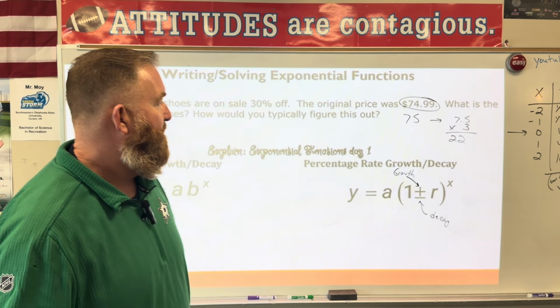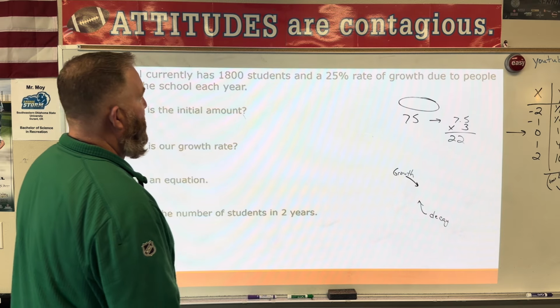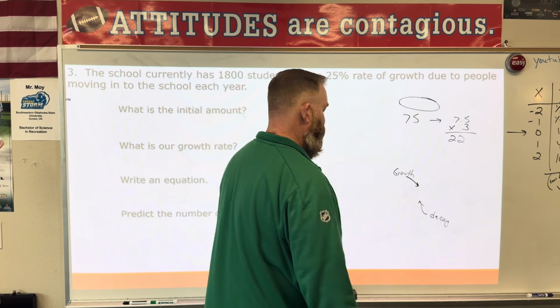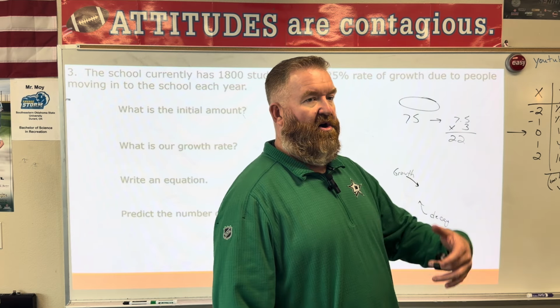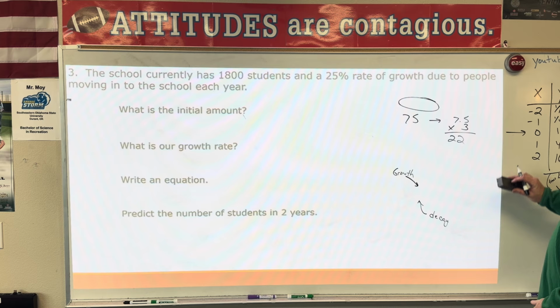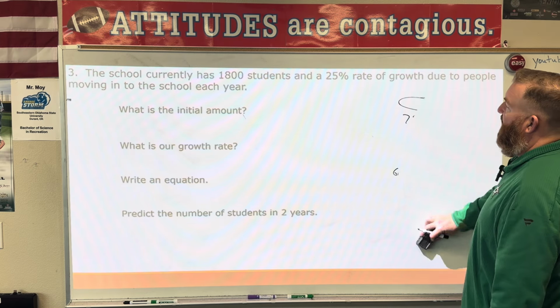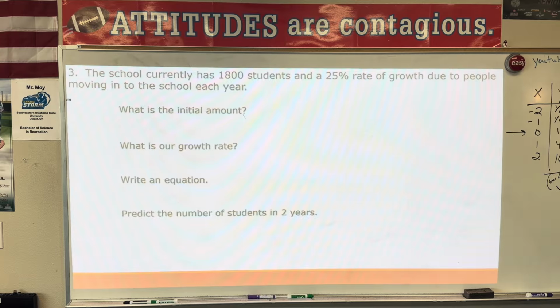All right, so here we go. The school currently has 1,800 students and a 25% growth rate due to people moving into the school each year. This is like one of the problems that they have in places like Prosper or Argyle. These places are just blowing up. Schools are just growing. 1,800 students, and they grow by 25% each year.